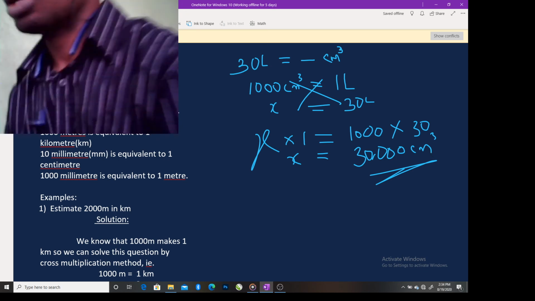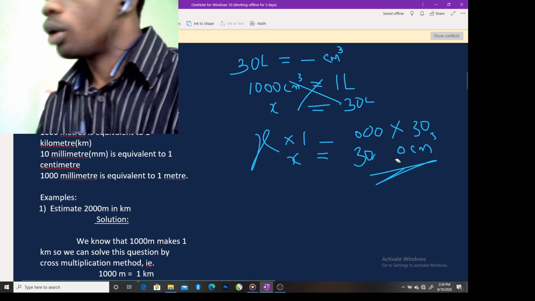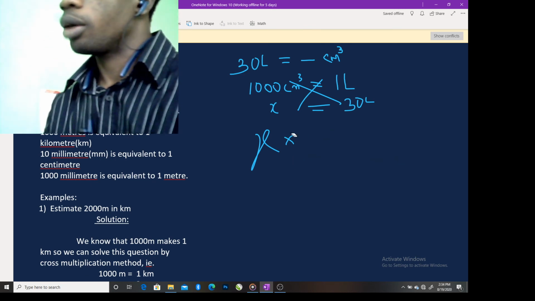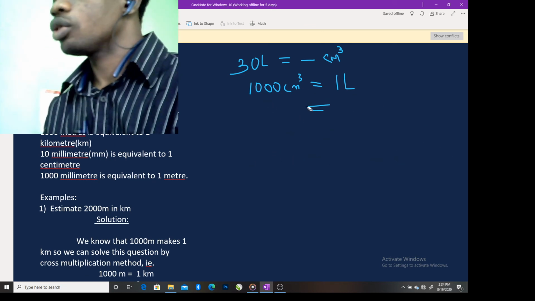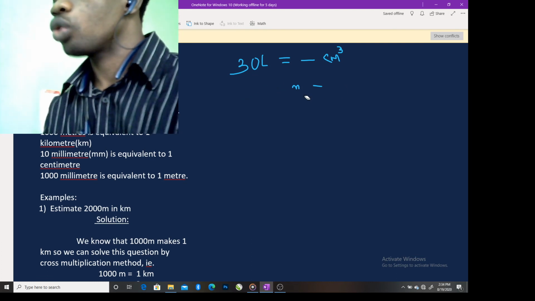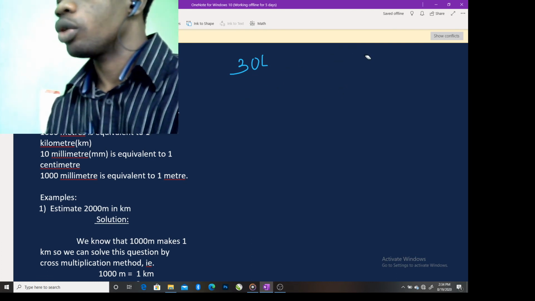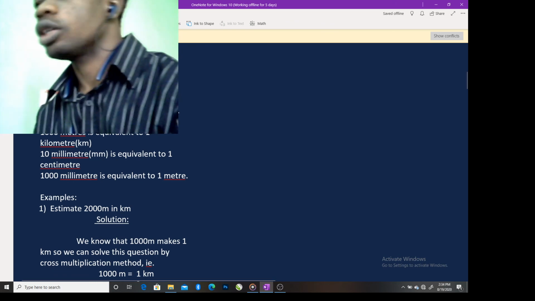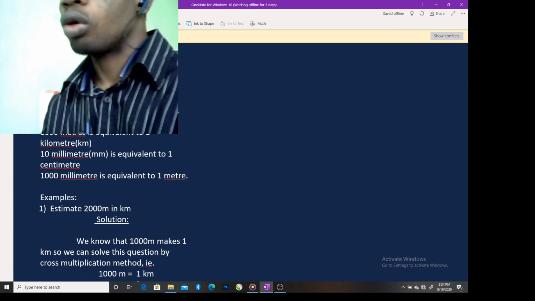Let's check another one now. Still under liters, you should note that 1000 cm cube is also equal to 1 dm cube, and that is why 1 dm cube is equal to 1 liter. Yes, 1 dm cube is equal to 1 liter.